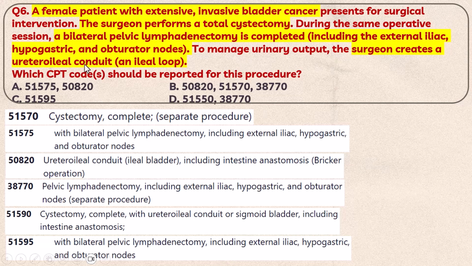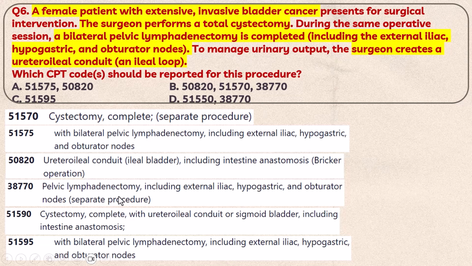So the other part is creation of ureteroileal conduit. So when you look at the other code, 50820 is ureteroileal conduit, including intestinal anastomosis operation. So these 3 codes separately indicate the procedure, but you have to be careful is there any bundled code to indicate all these procedures. Let's go to the other code.